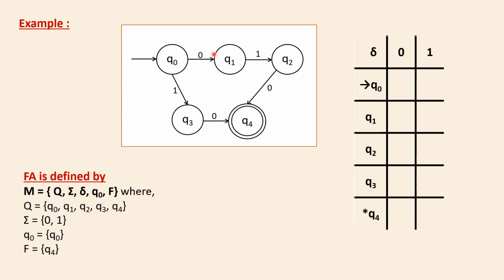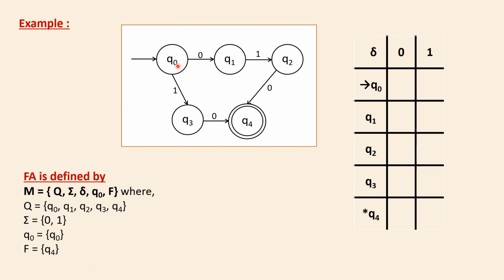Let us understand the transition diagram and the transition table with a better example. First, let us see the mathematical representation here. Q is all the states, where in the diagram we have Q0, Q1, Q2, Q3 and Q4 to be all our states. The input symbol, that is the alphabet, is 0 and 1.